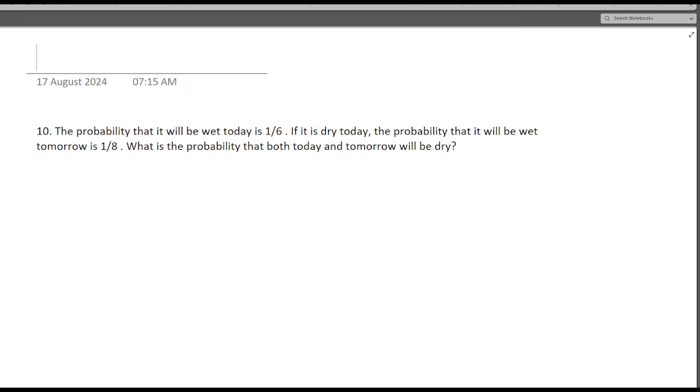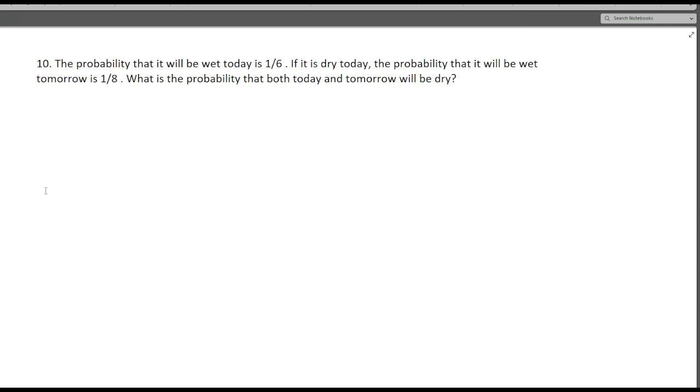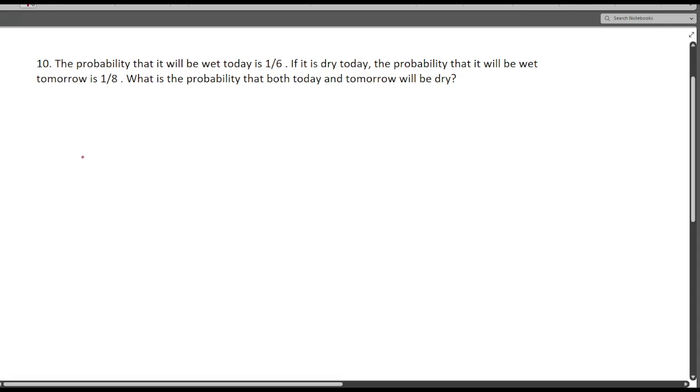Next question, the probability that it will be wet today is 1 by 6. If it is dry today, the probability that it will be wet tomorrow is 1 by 8. What is the probability that both today and tomorrow will be dry? Okay, now let me do this using a tree diagram method.